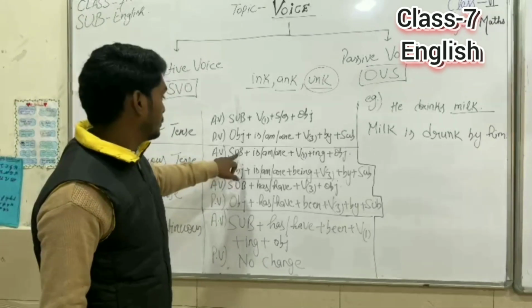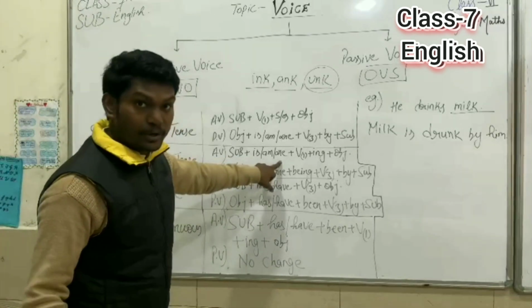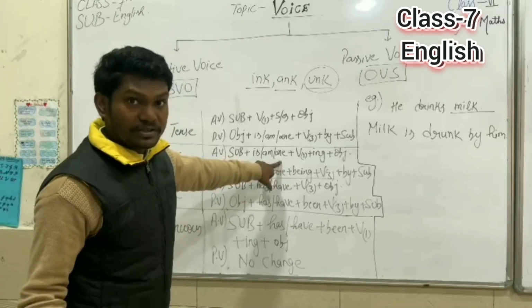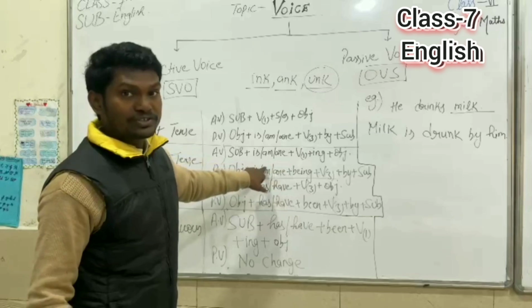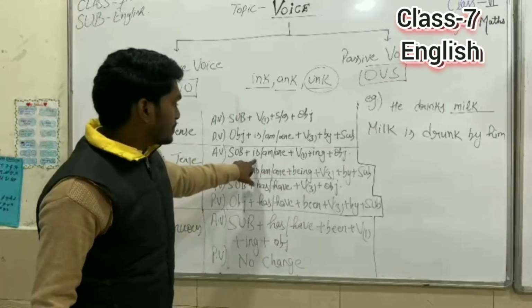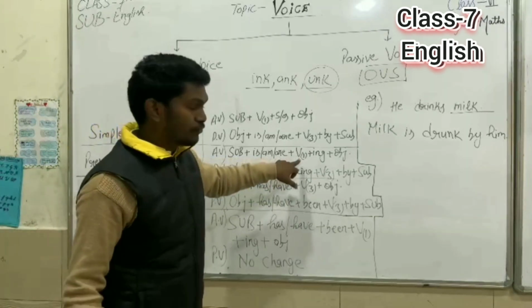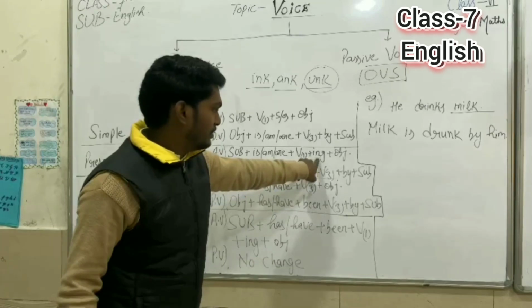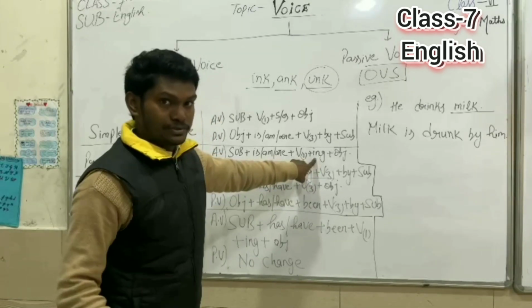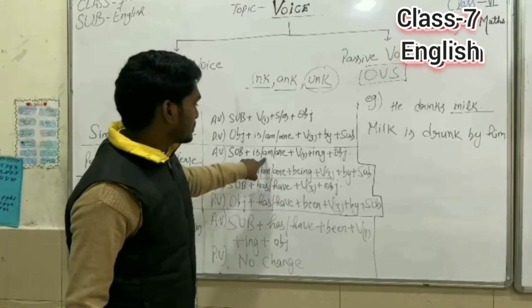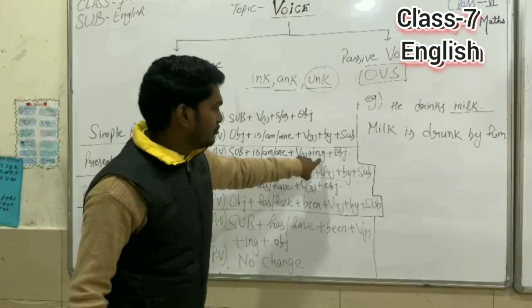It is subject plus is, am, are, because it is present. If it were past, it would be was and were. Subject plus is, am, are plus first form of the verb plus ing. This ing refers to continuous tense. Now, subject plus is, am, are plus first form of the verb plus ing plus object.